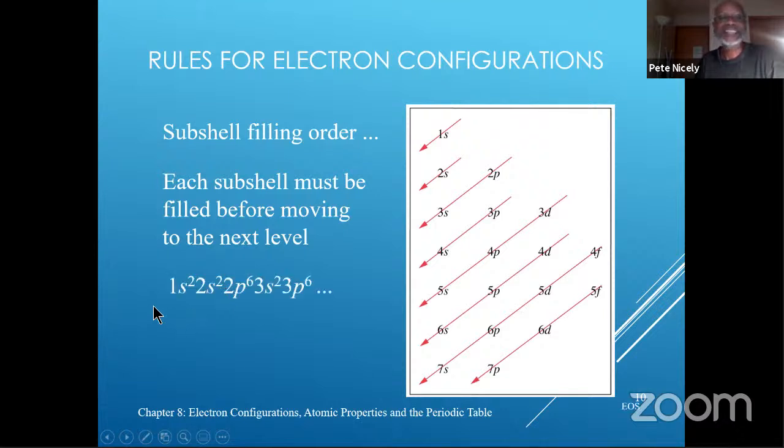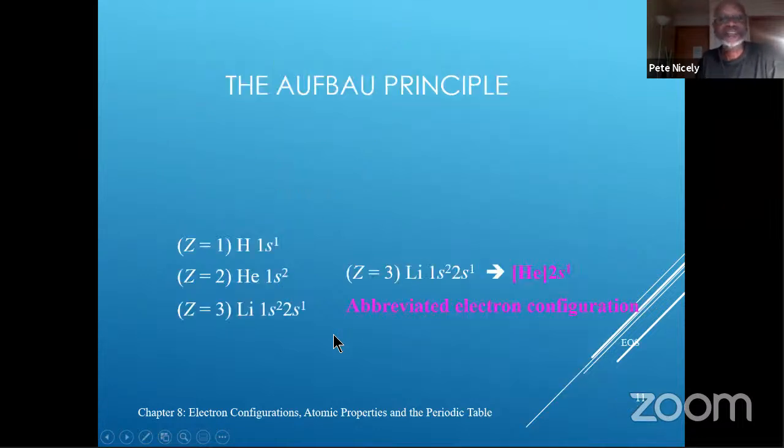So as I stated earlier, this would be the order based on following the direction of the arrows from tail to head, right? And of course, the subscript numbers here represent the maximum number of electrons that would be present in each subshell, all right?